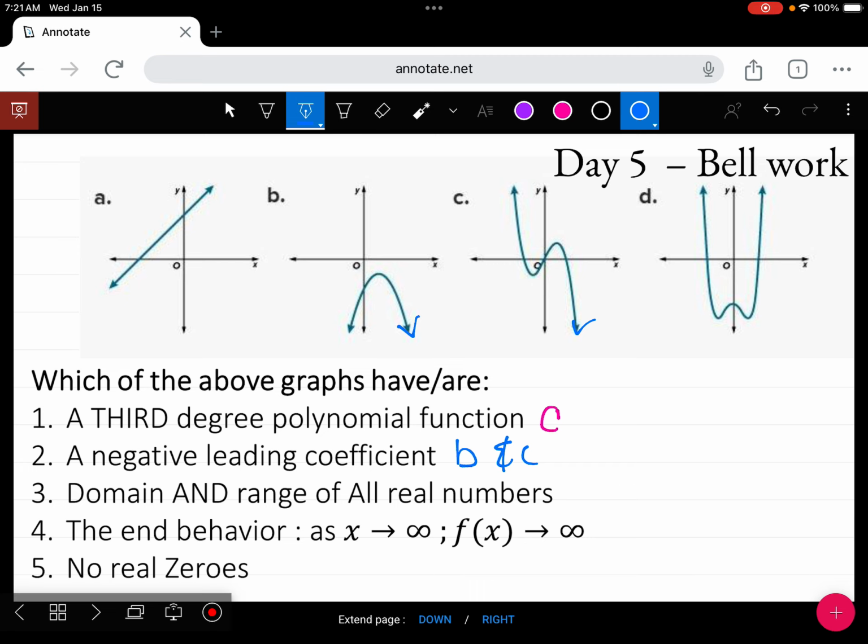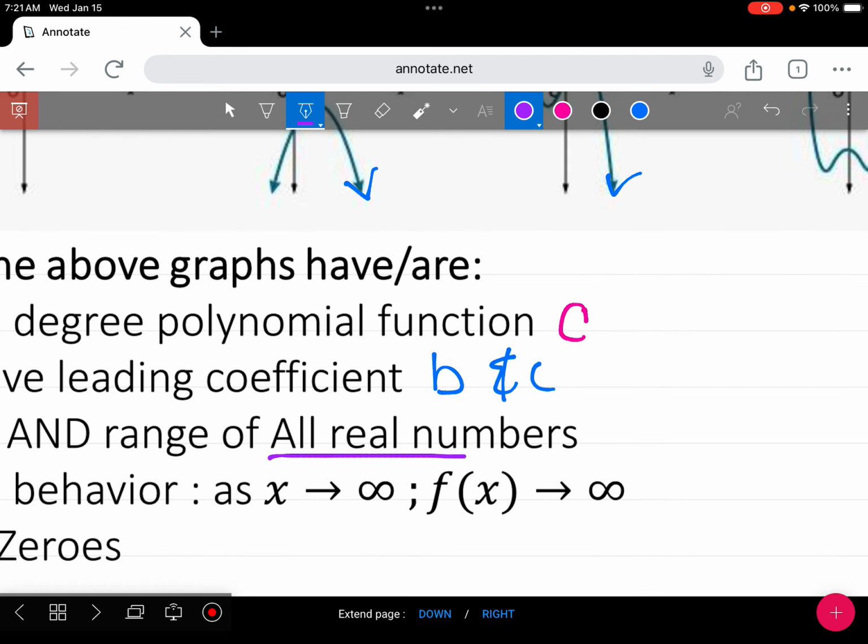Okay. So how about which ones have domain and range? So both domain and range of all real numbers, or negative infinity to positive infinity. Which ones have all real numbers, which is also known as negative infinity to positive infinity?